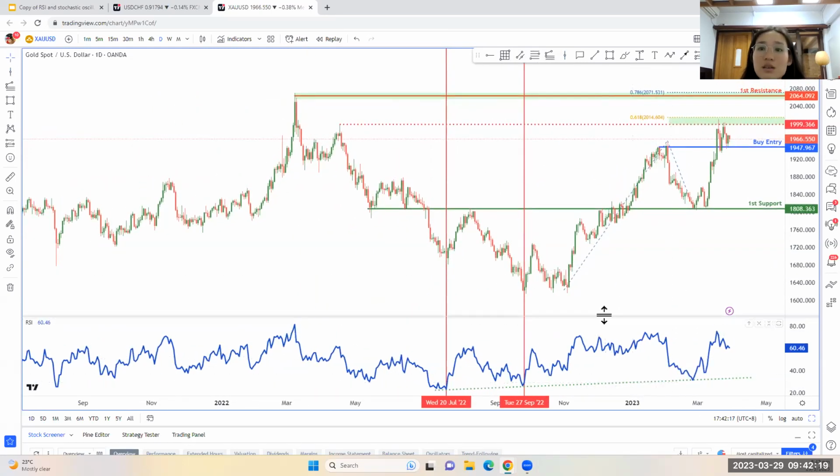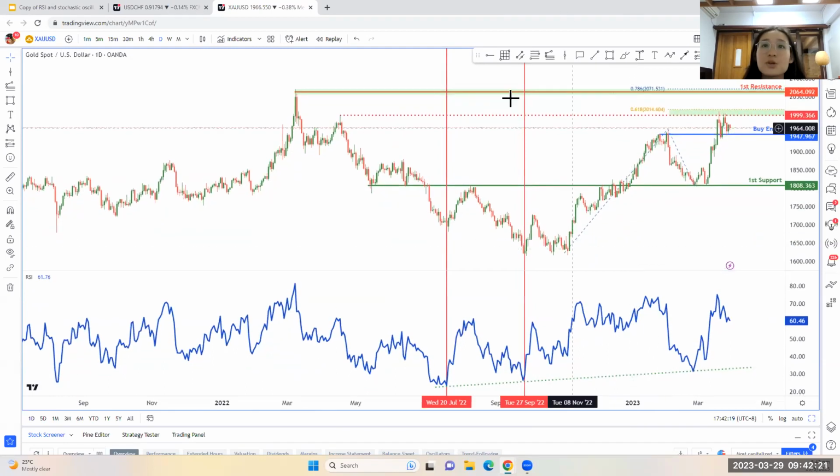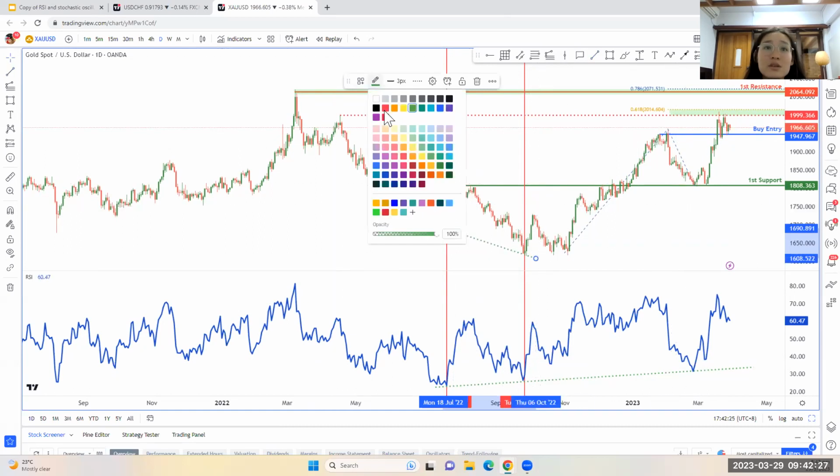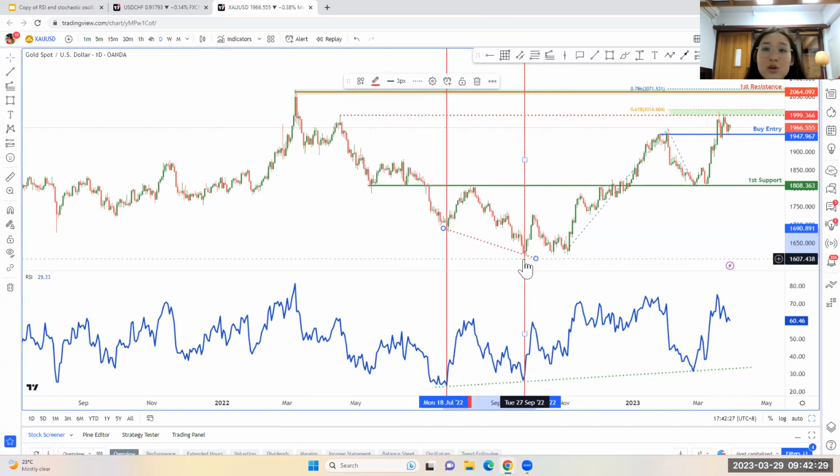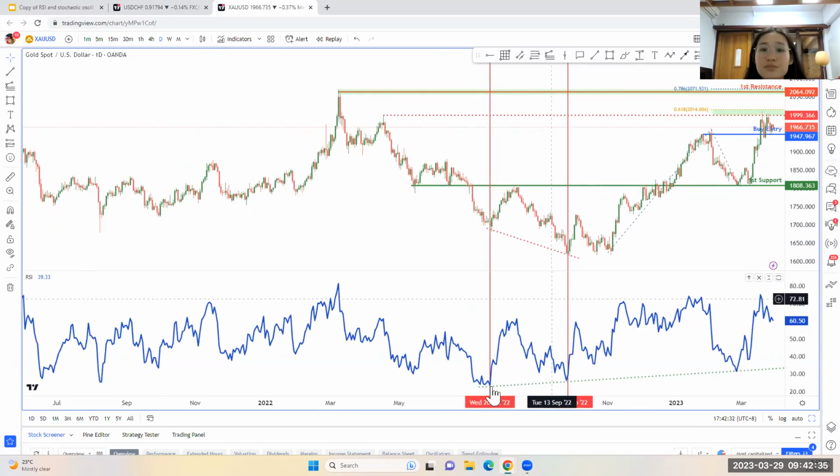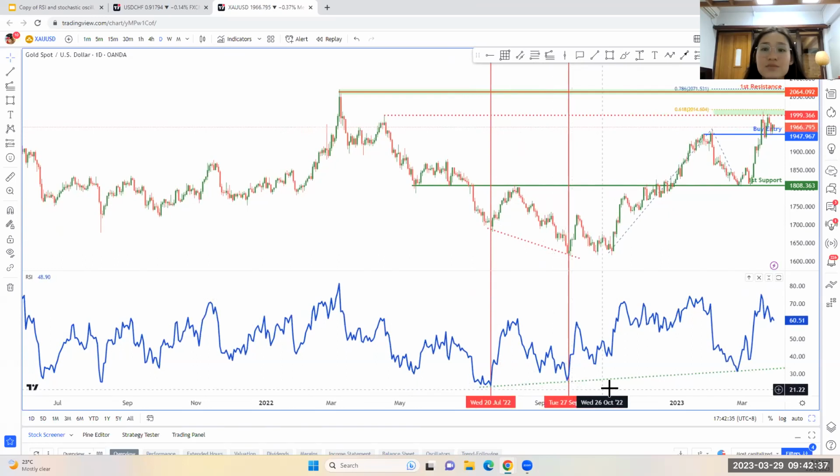Let me make this bigger. We take a look between the two lines that I've highlighted, price actually made a lower low. But on our RSI chart, price made a higher low, if you can see here.